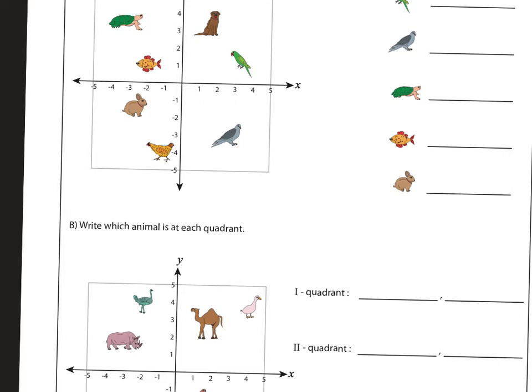Okay, so when you're naming quadrants, it's a little bit different than just like reading a book. So I'm going to show you which quadrant is labeled which. So this quadrant in the corner over here, that is quadrant 1, okay? So this one with the turtle in it, that is quadrant 2.